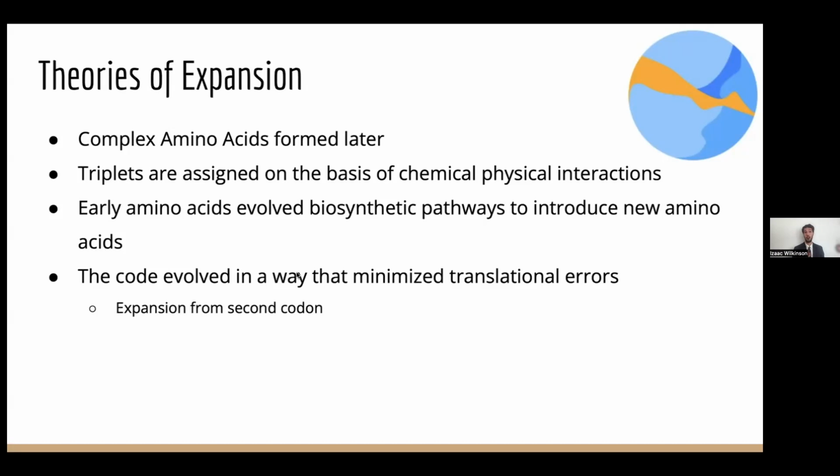The four-column theory of evolution shows that when the code is evolving, focusing on the second codon in sequence, we can have much more diverse and complex amino acids while also minimizing translation errors.